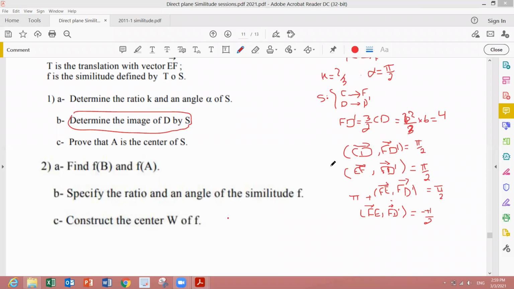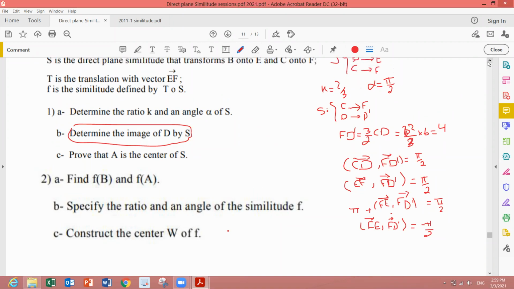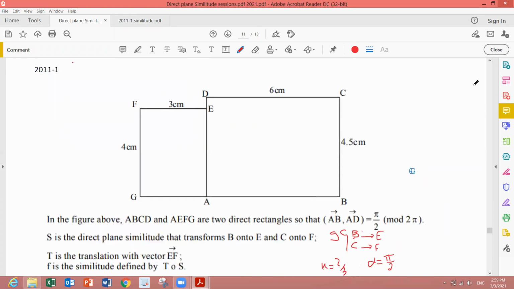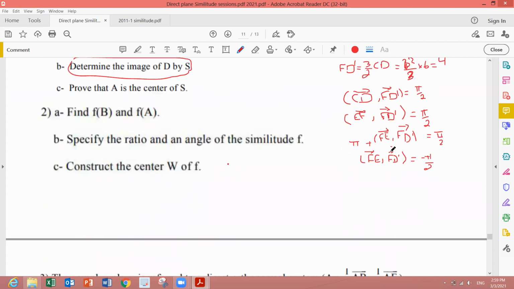Okay, the angle FE, FD prime equals minus pi/2 and FD prime equals 4. G. So then what is the image of D by S?